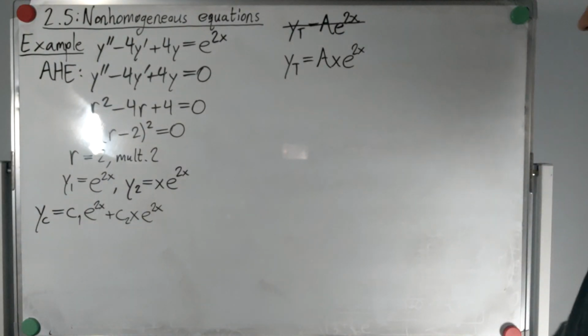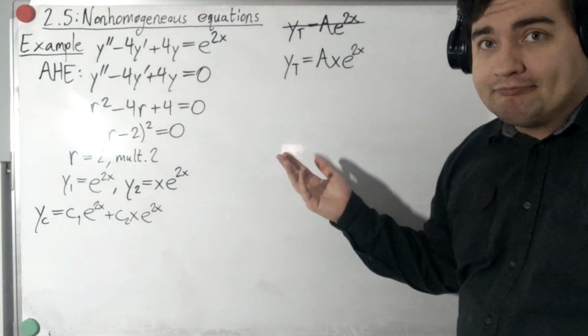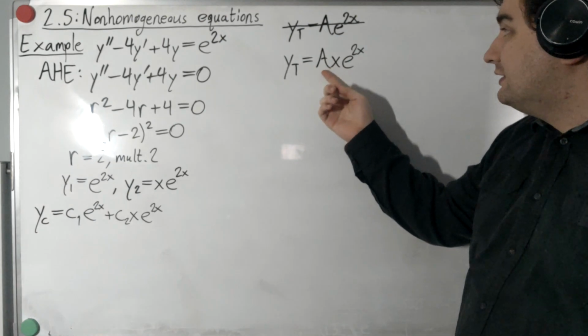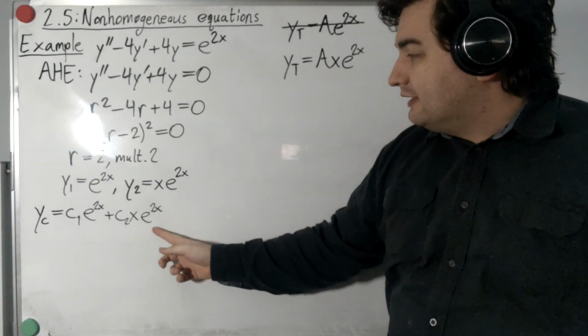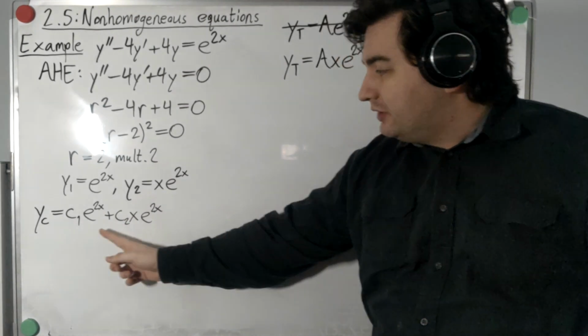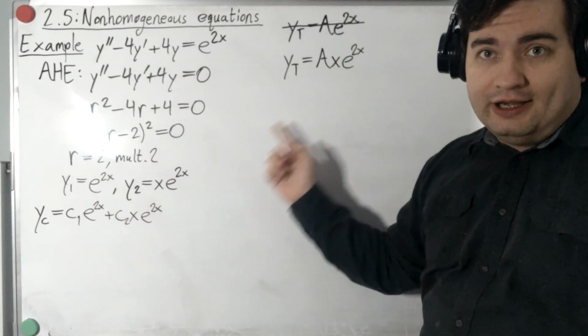And then you check once again whether duplication is occurring. In this case, the answer is yes. You still have duplication because a x e^(2x), as long as you set c1 to be 0 and c2 to be a, these will be the same thing.